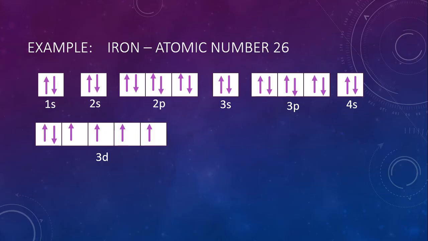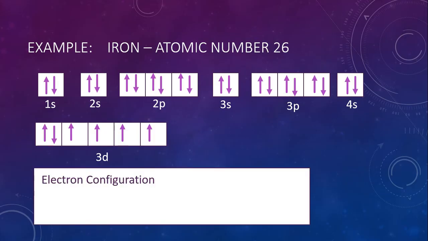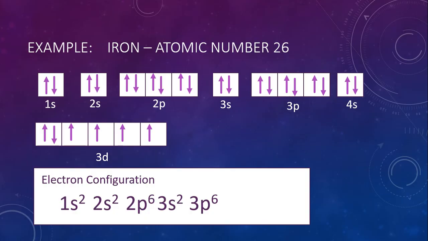So to write the electron configuration for this, we simply go across. There's 2 electrons in the 1s. There's 2 electrons in the 2s. There's 6 electrons in the 2p. There's 2 electrons in the 3s. There's 6 electrons in the 3p. There's 2 electrons in the 4s. And there's 6 electrons in the 3d.